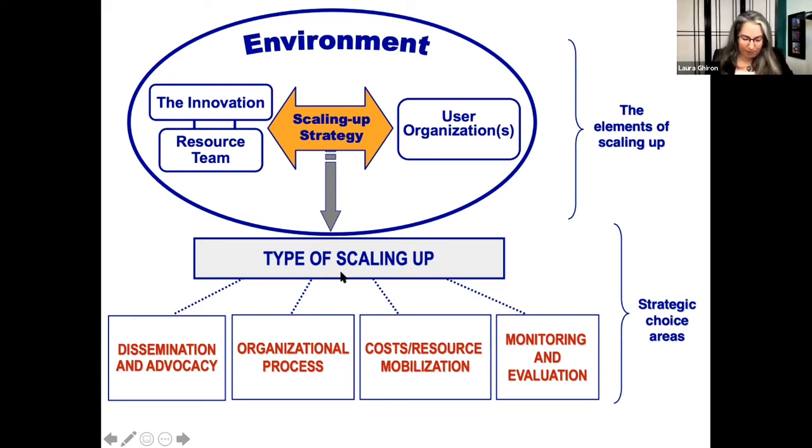And I will mention that there are 4 main types of scaling up. The first 3 are guided types of scaling up. In other words, they're deliberate, as in the definition. They include the horizontal rollout that I was mentioning, which is also referred to as expansion or replication.